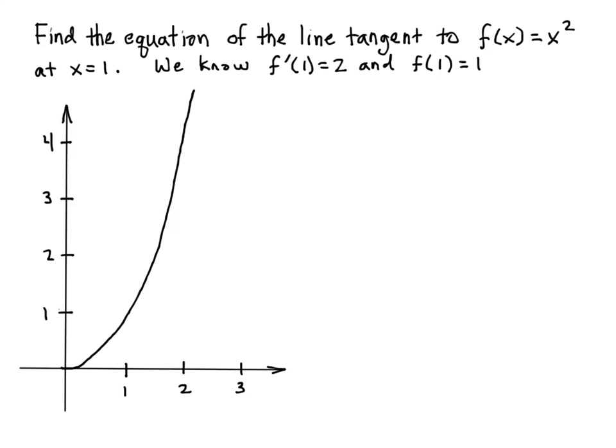Okay, so I actually made a graph so we can visualize this now. So here's that x squared, and I'm just looking at the positive numbers. I'm only interested in x greater than 0. So at this point, 1, 1, that's the point where I want to find the derivative. And so that line looks like this.